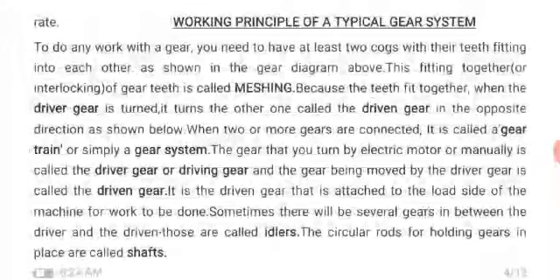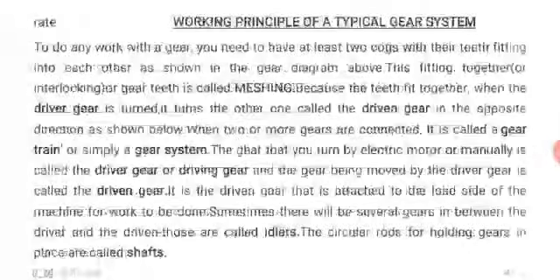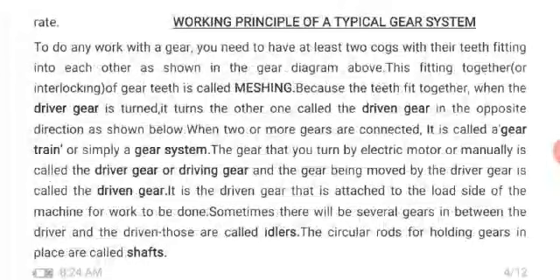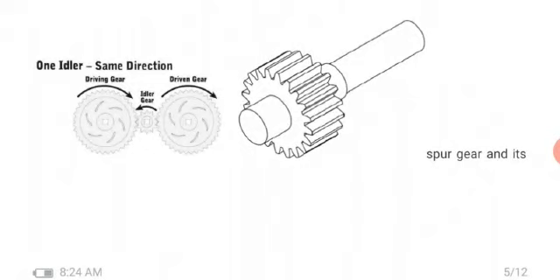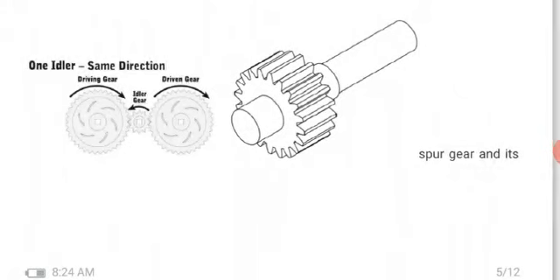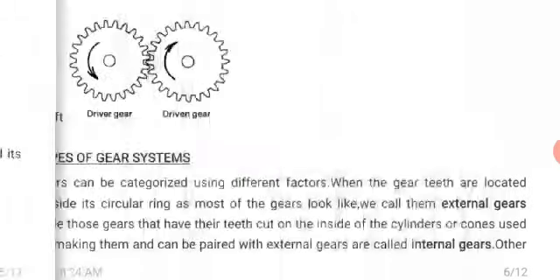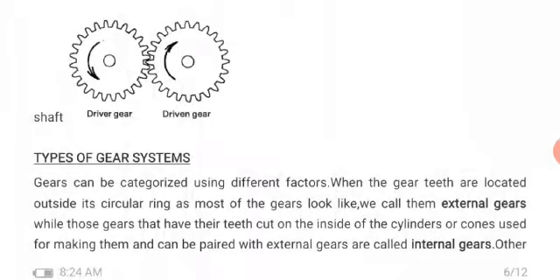And the round pipe on which the gear is mounted so as to hold it in place, they call it shaft. So we can see a typical gear mounted on its shaft. That is a spur gear mounted on its shaft.